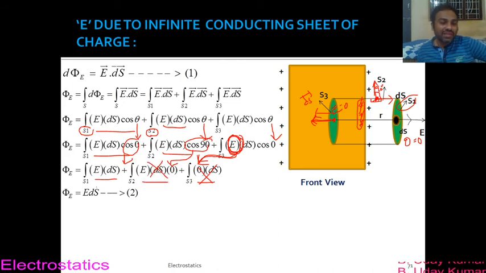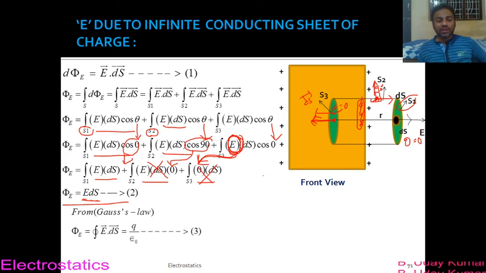The only term that is left here is integral E ds. E is constant, so take it out, and integral ds is nothing but ds, as we already discussed. The total area of this circular surface is taken by ds, and hence you get E ds only. So this is the total electric flux coming out of this Gaussian cylinder in the case of an infinite conducting sheet of charge.